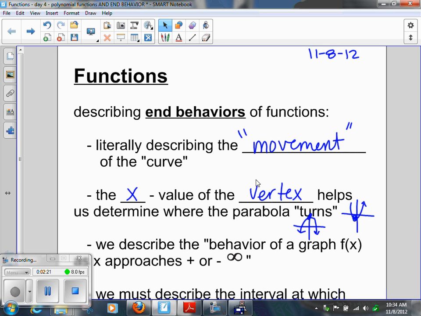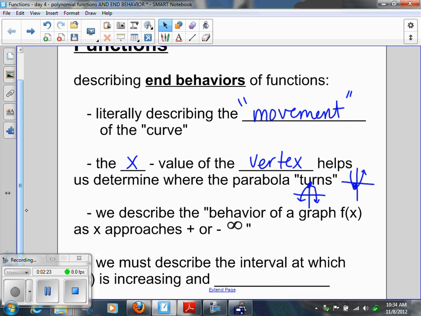We describe the behavior of whatever the curve is of the graph f of x, folks. The f of x is the curve. As x approaches positive or negative infinity.